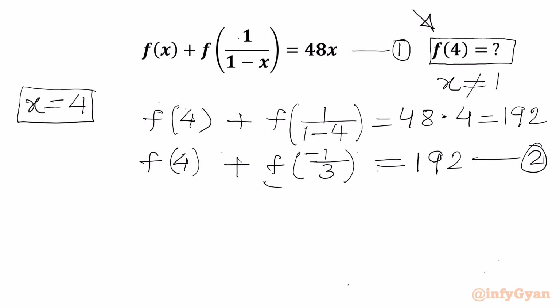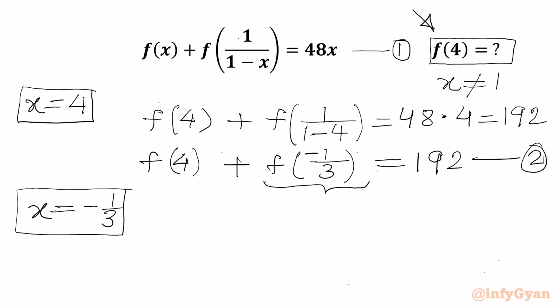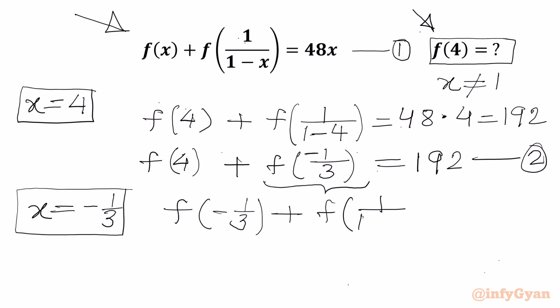Now here we have f of minus 1 over 3. So let's plug in x equal to negative 1 over 3 to equation number 1 here. So we will get f of minus 1 over 3 plus f of 1 over 1 minus 1 over 3. So 1 over 3 with plus sign equal to 48 times minus 1 over 3.